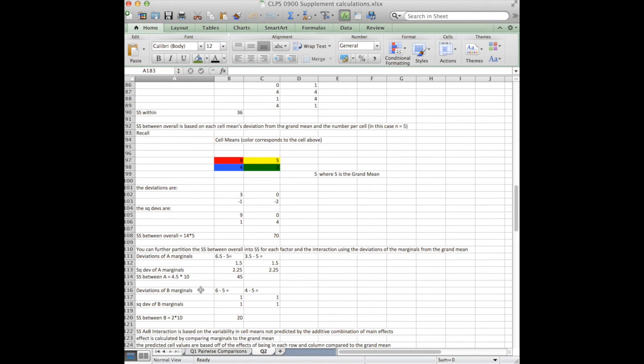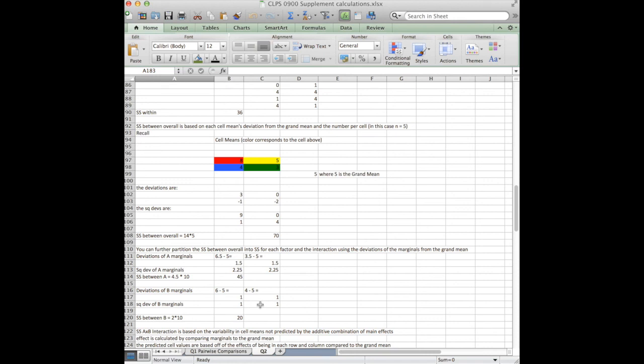And then to get the deviations for the B marginals, you would do the same thing that we did for the A marginals. So we had the marginals 6 and 4. So the marginal 6 minus the grand mean of 5 gives you 1. And then the other marginal that we calculated was 4 minus the grand mean 5, which gives you -1. Then we square the deviations. And so 1 squared is 1. And then the other 1 squared is 1.